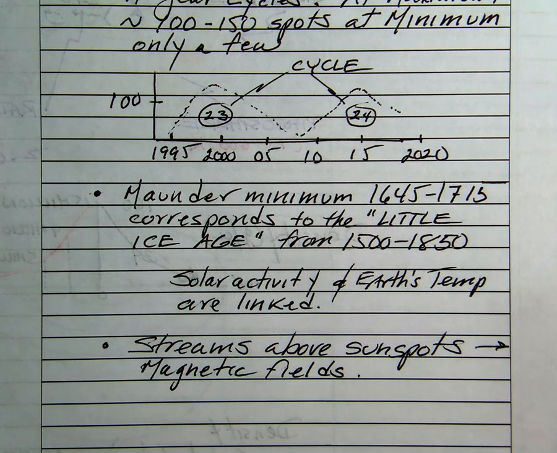And the active regions above the sunspot can be seen in the chromosphere and the corona.